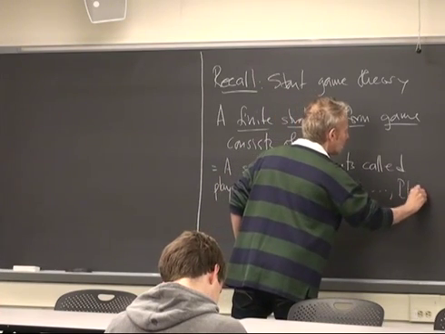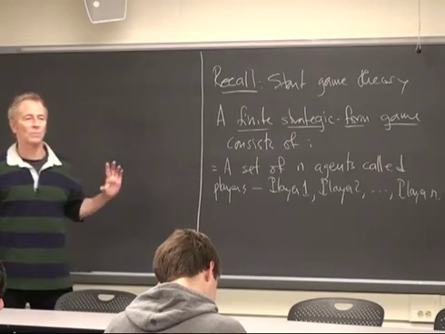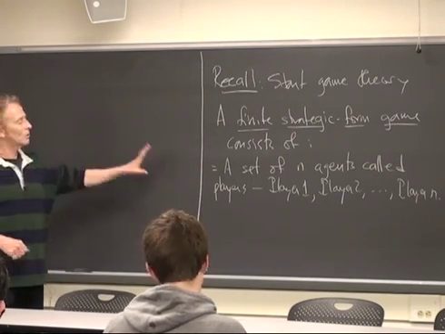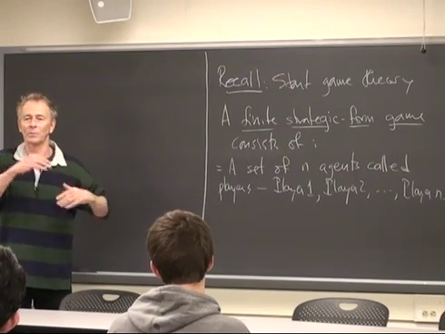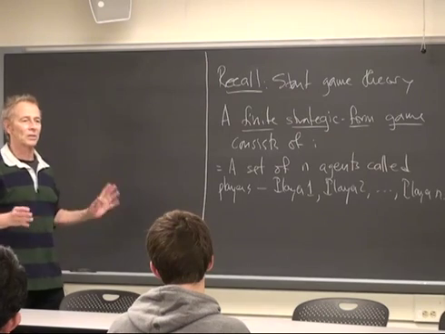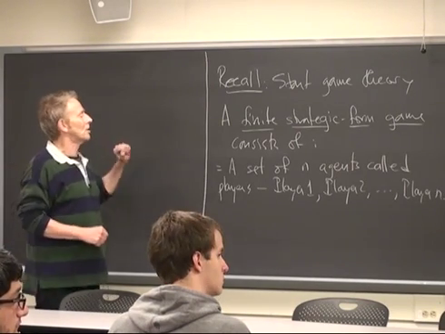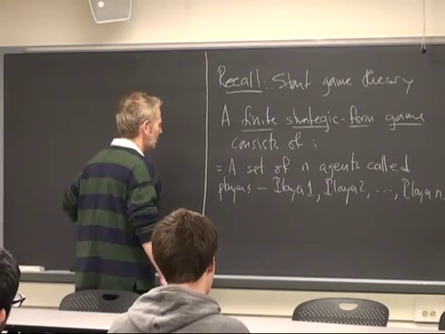And by the way, even though the bulk of our discussion is going to be focused on two-person games and the way they play into evolutionary game theory, I'm going to give you all the definitions for things like strategies and Nash Equilibrium and all that stuff for n-player games because they're pretty easy to understand in that context. So you have a set of agents, n of them. They're called players, player 1 through player n.